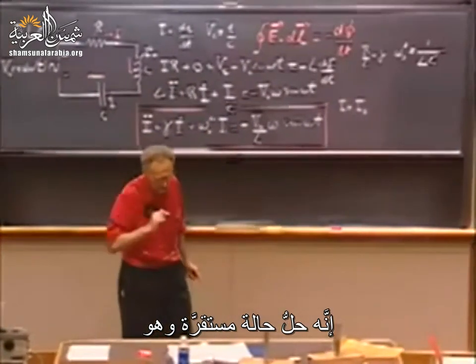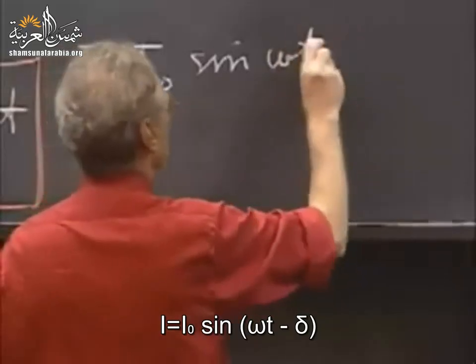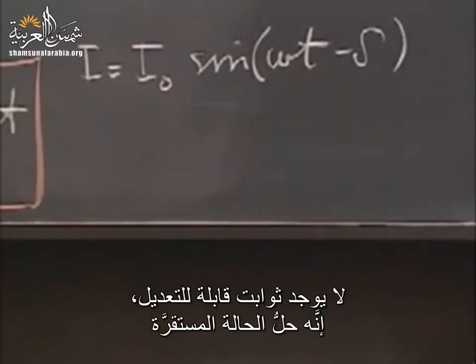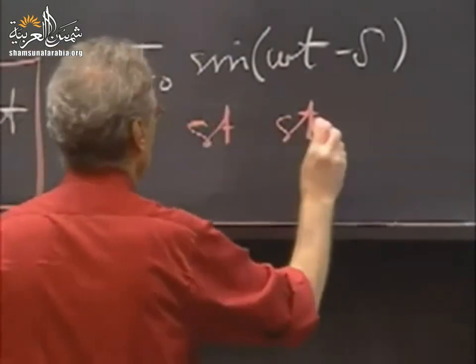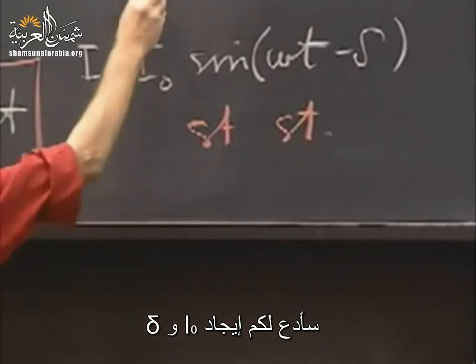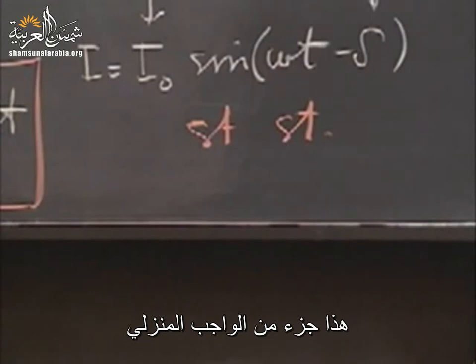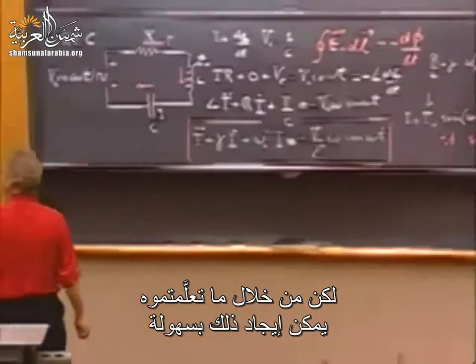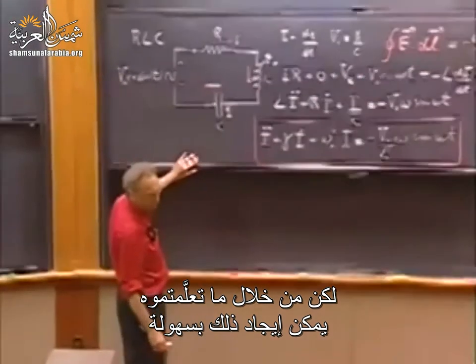I only go for steady state solution times the sine of omega t minus delta. No adjustable constants. It's a steady state solution that I have. And I will leave you to find me I0, and you can work out what delta is. That is part of your problem set anyhow. But with the knowledge that you have here, you could write it down in a matter of seconds.